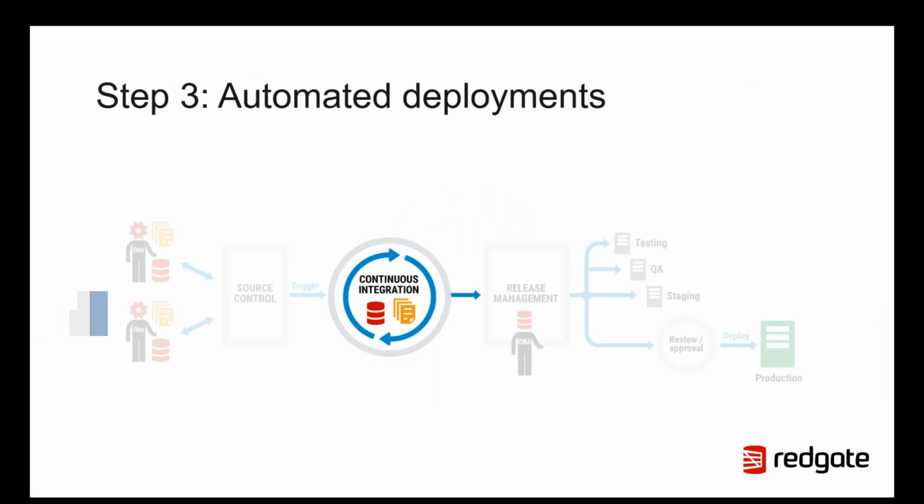So continuous integration, as hopefully most of you are aware, is basically the process of validating your changes that you check into source control, either by running a set of automated tests or unit tests or code analysis tests to make sure that your application or your code or your database can be compiled successfully from scratch.